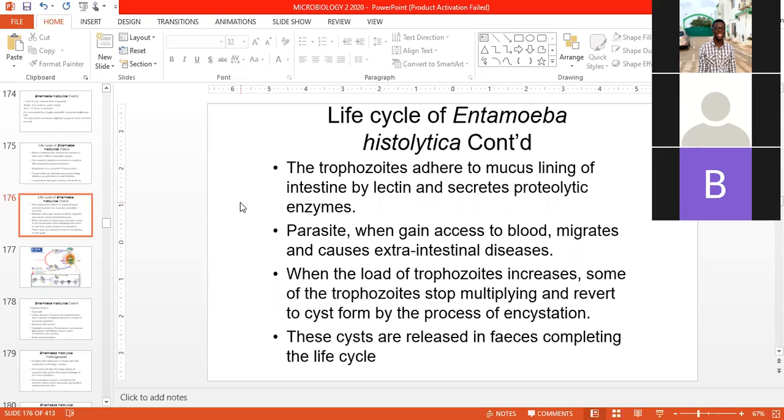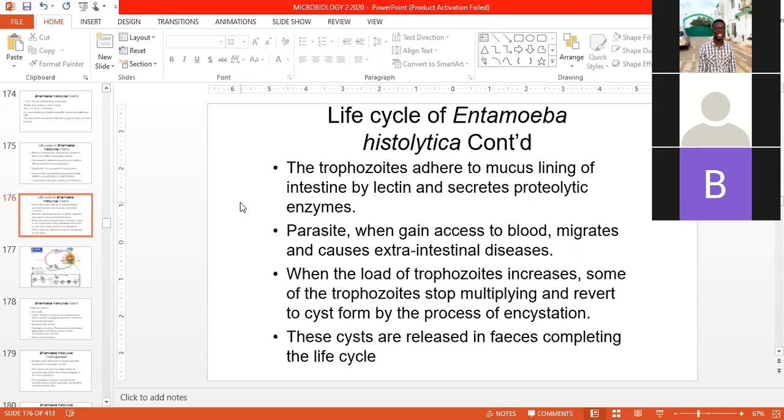So in Entamoeba histolytica infection, you either present with diarrhea or dysentery, or you present with extraintestinal diseases. In this case, it has moved from the intestines to other organs.